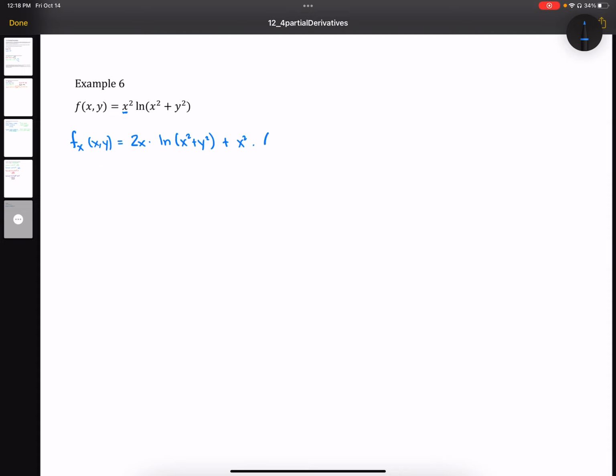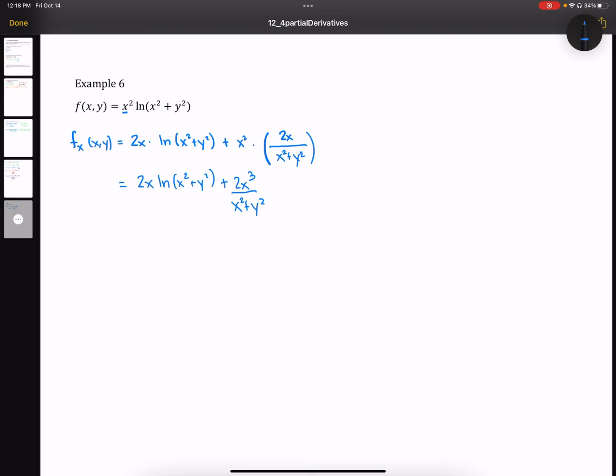So remember, for a logarithm, it is the derivative of the input, which for x is going to just be 2x, divided by the input, which is x squared plus y squared. So when we simplify that, we get 2x ln of x squared plus y squared plus 2x times x squared is 2x cubed divided by x squared plus y squared. Yeah, so we're not going to do a second order derivative. It'll be too much work.